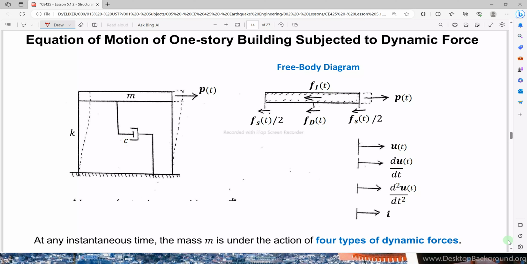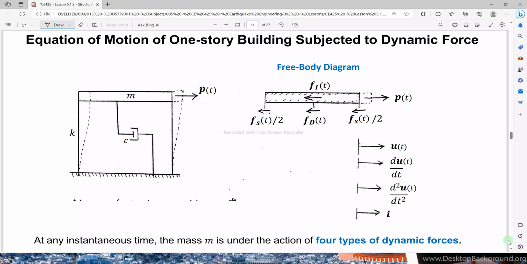So this is an applied dynamic force of t. Now, since the column has a lateral stiffness, it will try to resist this applied dynamic force. So the column resists it. We call that the elastic restoring force, symbolized by f sub S, but as a function of time, and at the same time it is a vector.